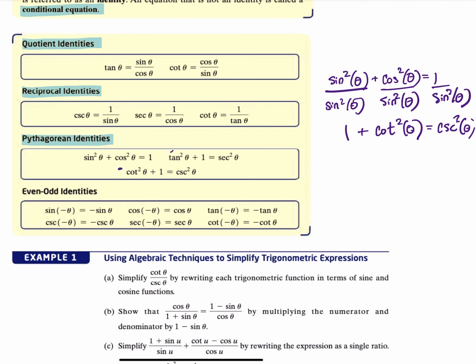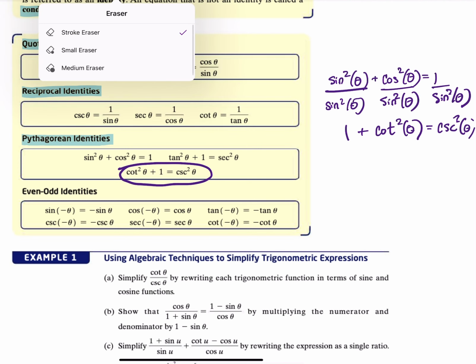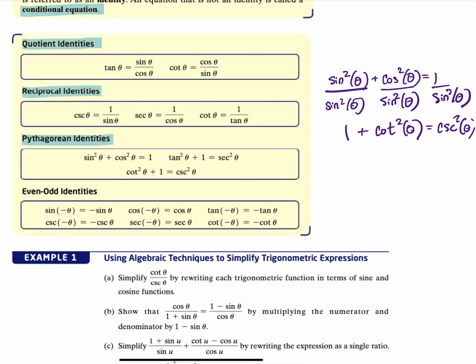This gives us our third Pythagorean identity, and they write the cotangent first: cotangent squared plus 1 equals the cosecant squared. I would always forget those other two, but you can get them by taking sine squared plus cosine squared equals 1 and dividing by either sine squared or cosine squared. So I just wanted to show where those two came from.